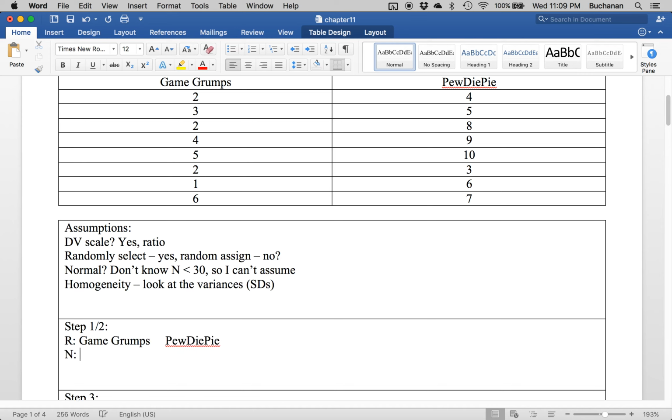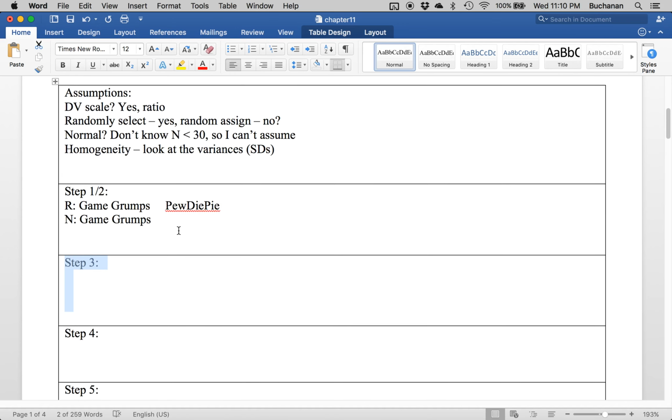So we've got Game Grumps and, oops, don't hit tab, PewDiePie. And that helps distinguish from dependent t, because remember, dependent t is whether the mean difference of before and after is 0 or it's not.